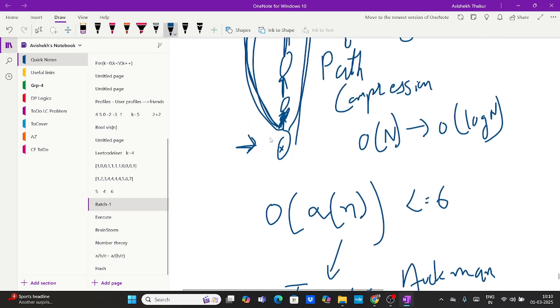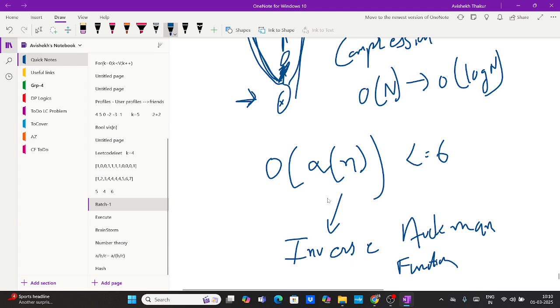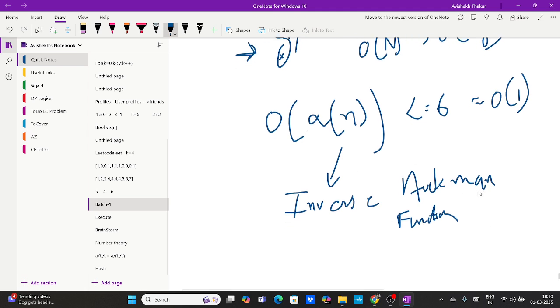So when you use these two techniques together, the time complexity boils down to big O of alpha n, which is less than or equal to 6. So in our asymptotic case, it is as good as constant. And this is known as the inverse Ackermann function. Okay, is it clear now?